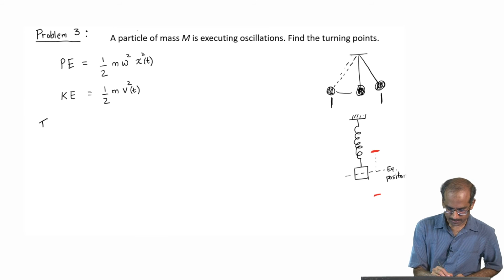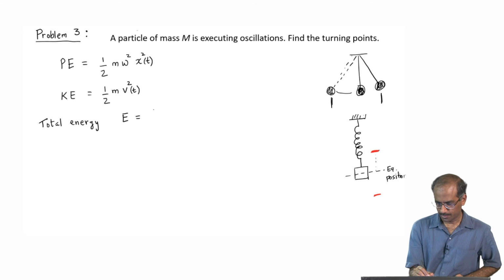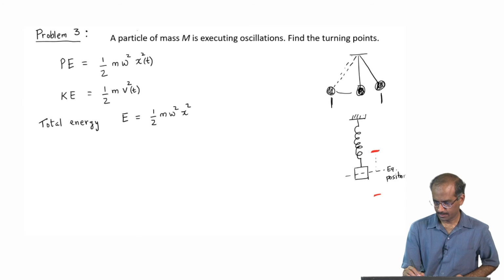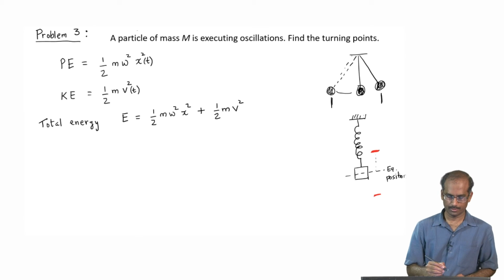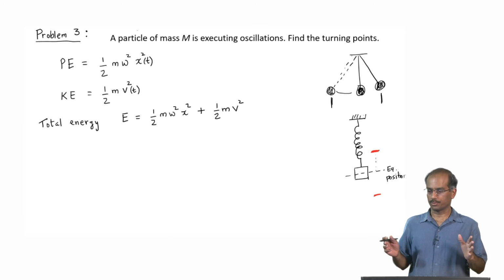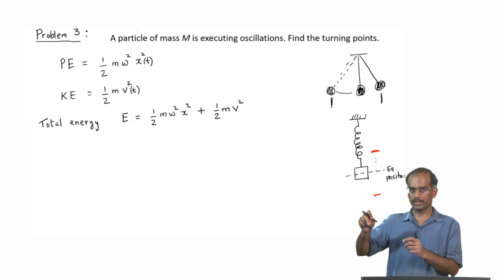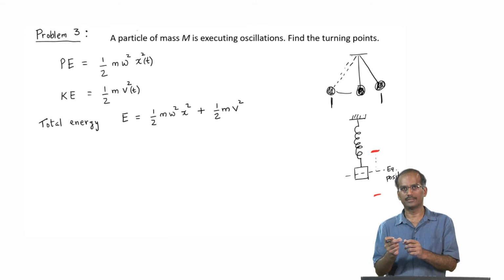So, in general both kinetic and potential energies are functions of time. So, the total energy E would be equal to half m omega square x square plus half m v square. Now, from this how do I find out the turning points? You should carefully note what happens at the turning points. At the turning points the particle, let us say if it is a pendulum, goes in one direction, stops momentarily and turns back.